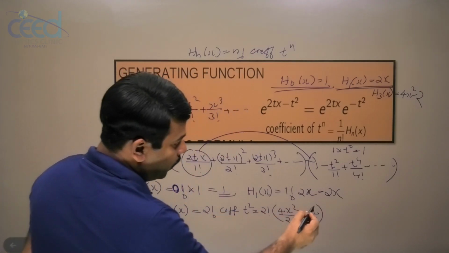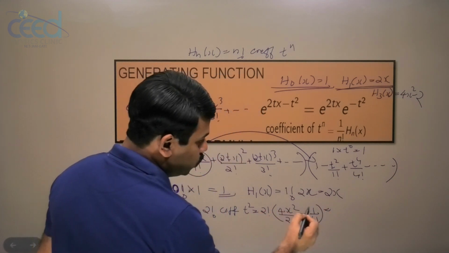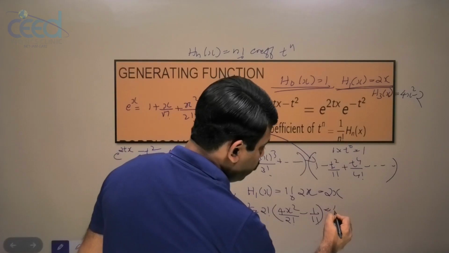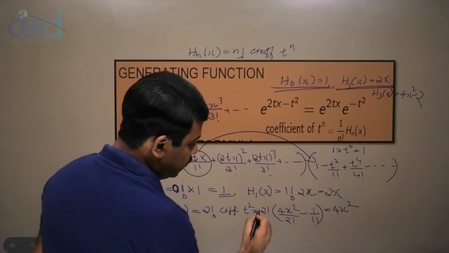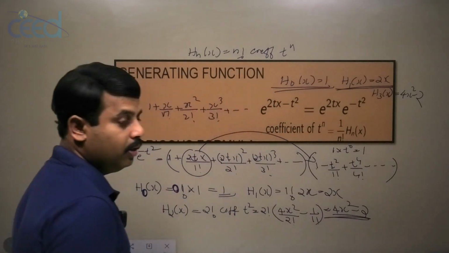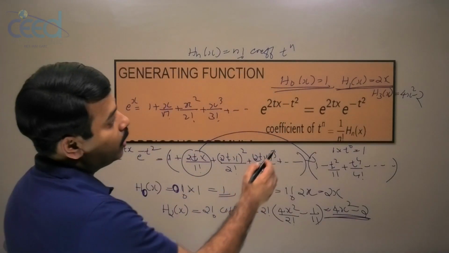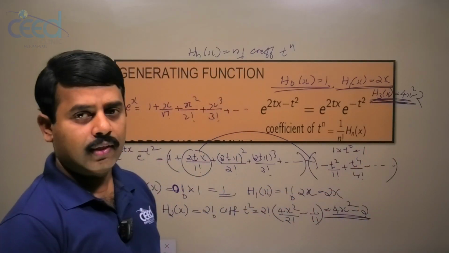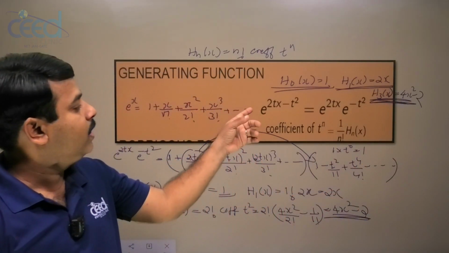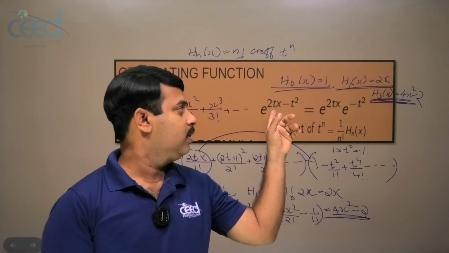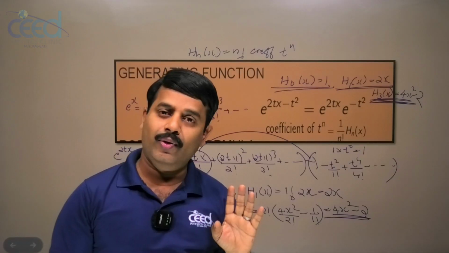What is this? 2 factorial, that is 2, and here 2, this cancels, then 4x square, and this 2 factorial into 1, that is minus 2. 4x square minus 2. Alright. Now look here, h2 of x is 4x square minus 2. Right. So that is why we call this function a generating function. From this you can find the hn of x values.